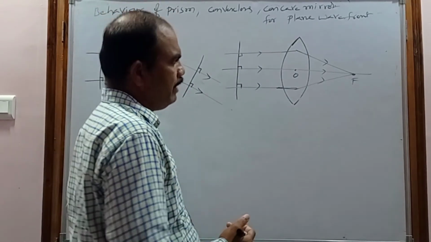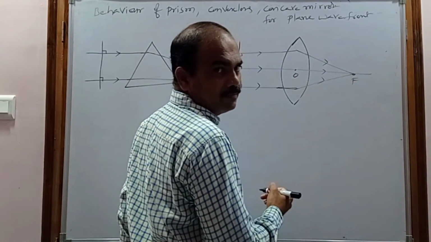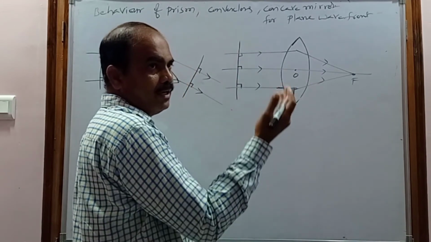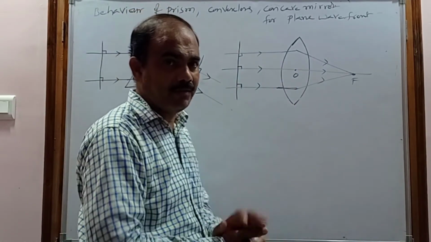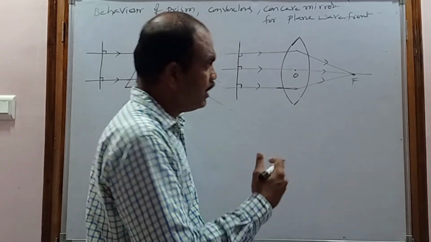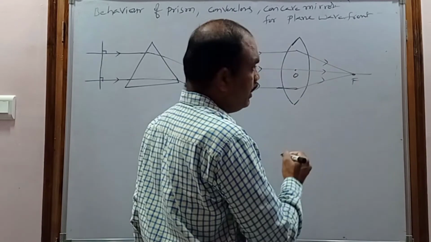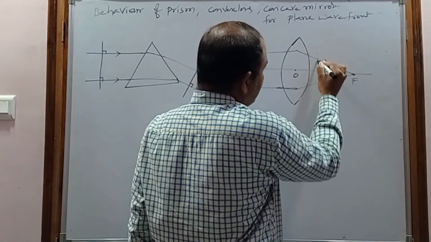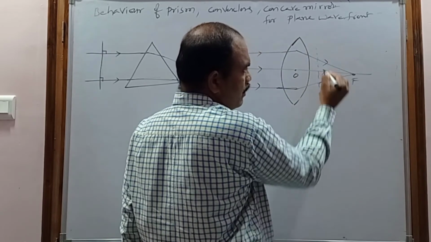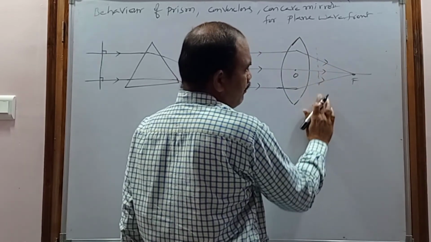In the same way, if we draw the wavefront for these refracted rays, the refracted wavefront is also perpendicular to every light ray. If I draw it like this, it is not perpendicular to every light ray or every refracted ray.